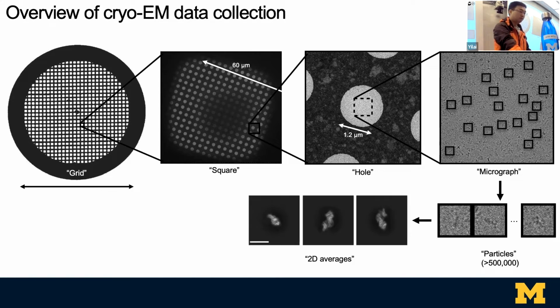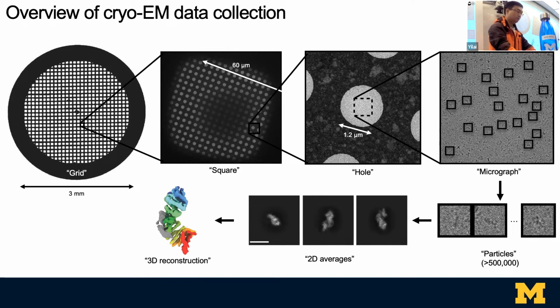You sort your particles through 2D classification, and get 2D class averages that you think have higher resolution information in them. Then you use these particles from the best averages to do the 3D reconstruction. This is how you get a 3D volume, or a 3D structure, from the data on the grid.